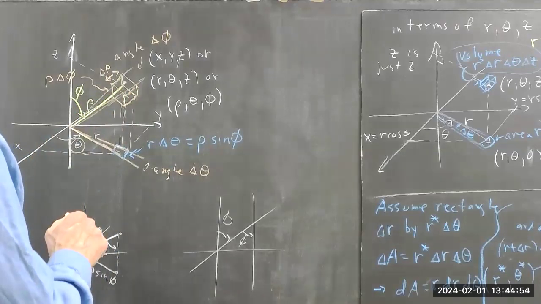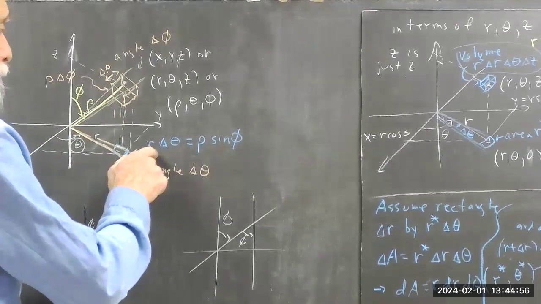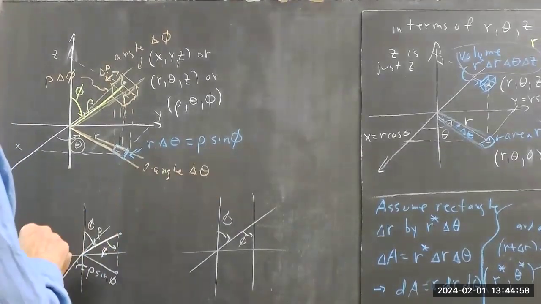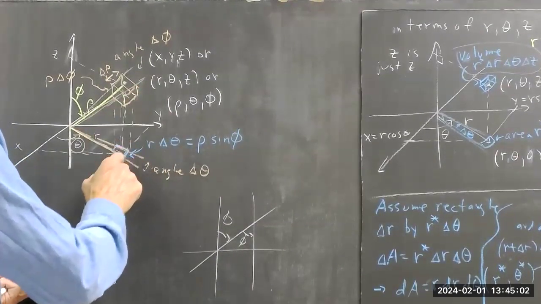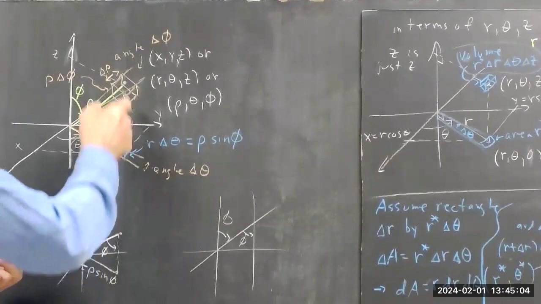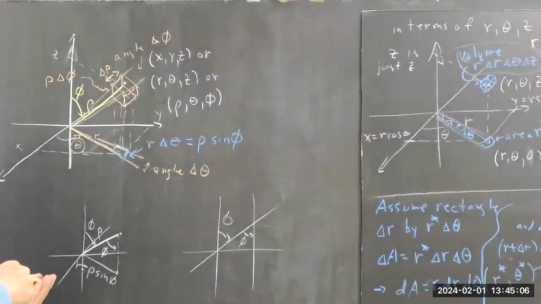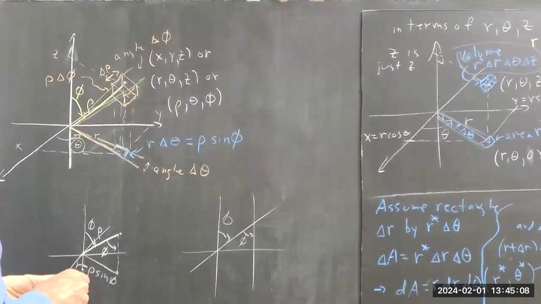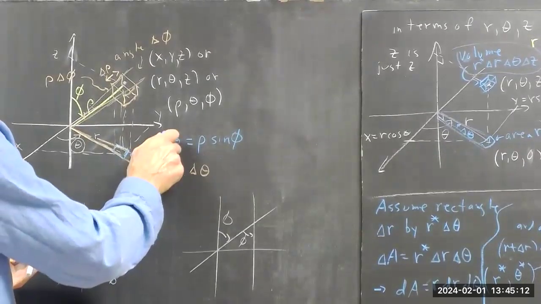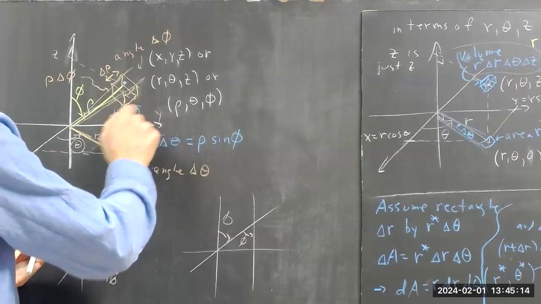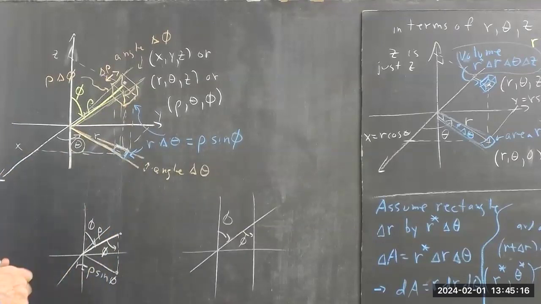Okay. Well, if this is r delta theta, which is rho sine phi, so is this. This is basically just a copy of this lifted up here. That's going to be this dimension.